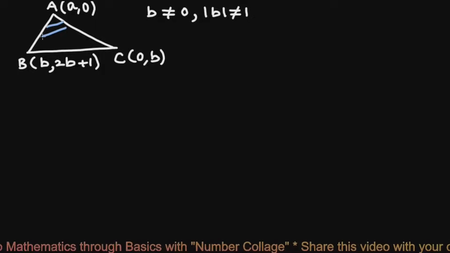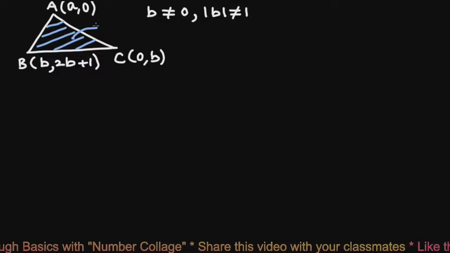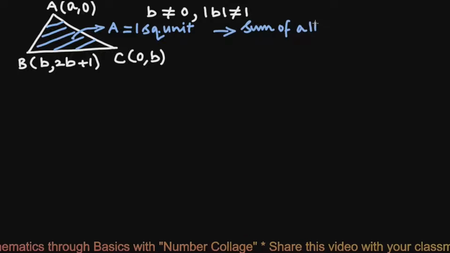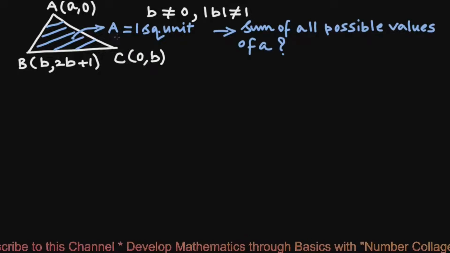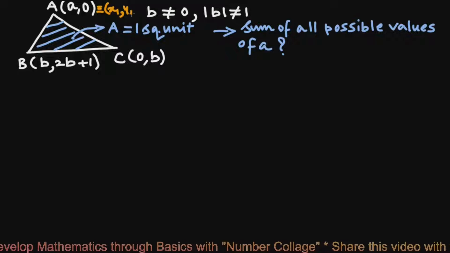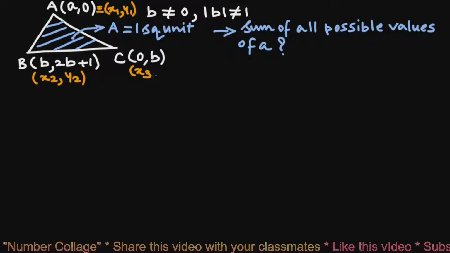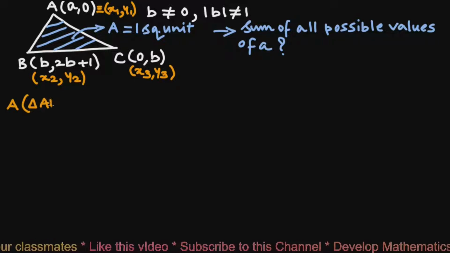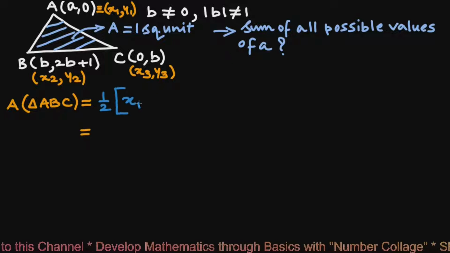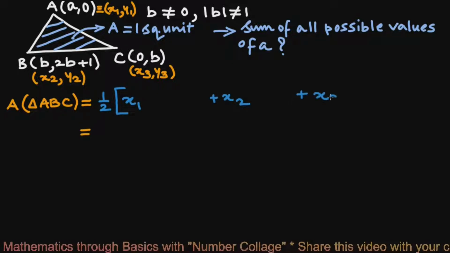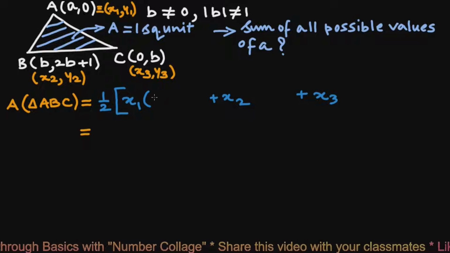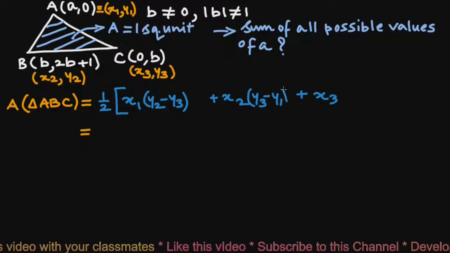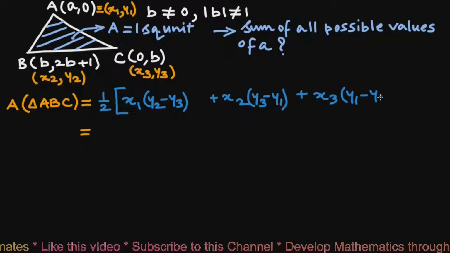The area of this triangle is given as 1 square unit, and we have to find the sum of all possible values of A. If these coordinates are x1, y1, x2, y2, and x3, y3 respectively, then we know that area of triangle ABC equals half times x1 plus x2 plus x3, in cyclic order 1, 2, 3, in cyclic order 2, 3, 1, in cyclic order y1 minus y2.